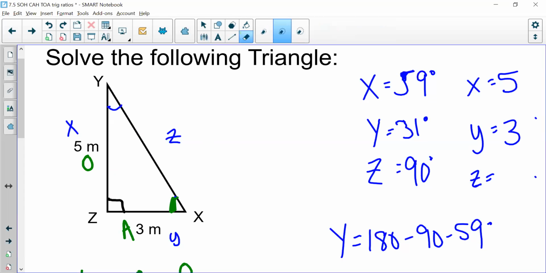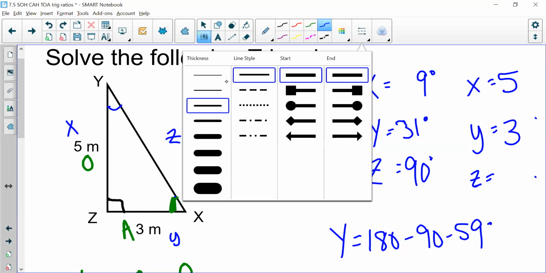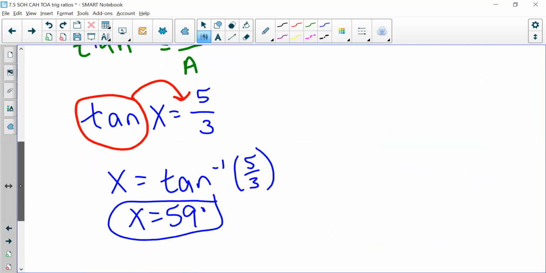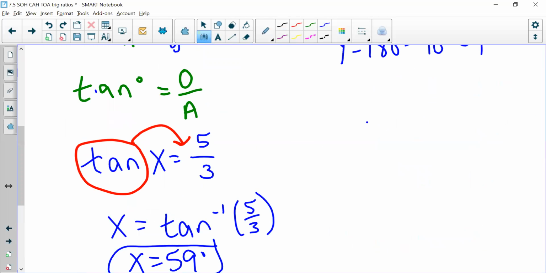Then the fastest way I would say to find your hypotenuse when you have the two short sides is just use Pythagorean theorem. Do your two short sides squared equals the long side squared. So 5 squared plus 3 squared equals Z squared.